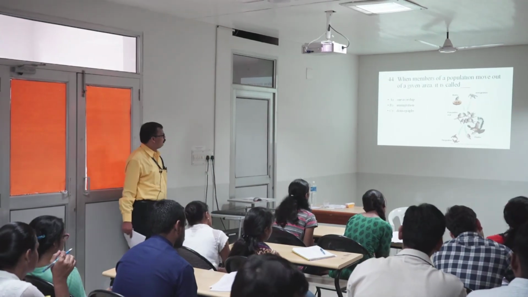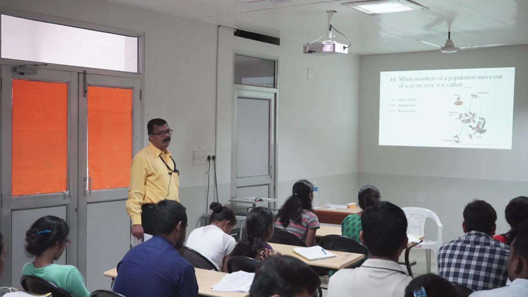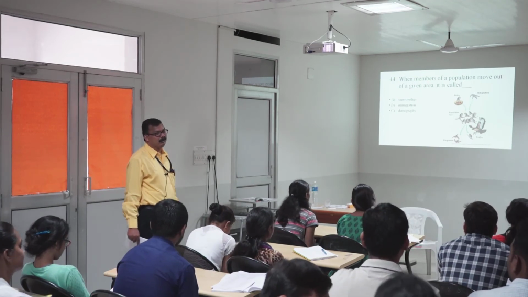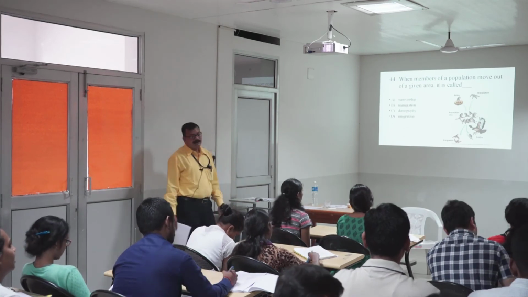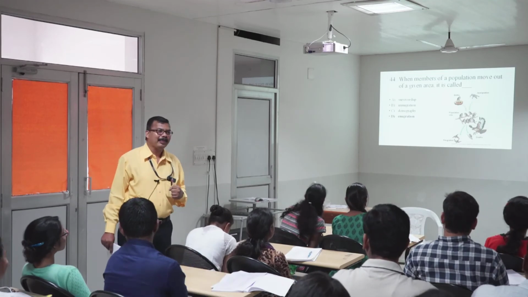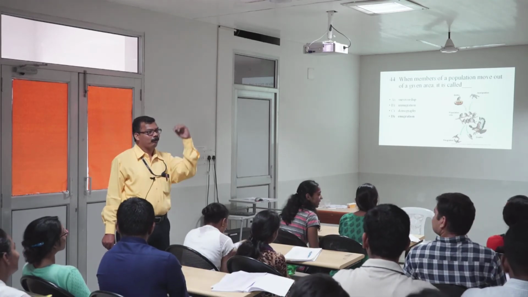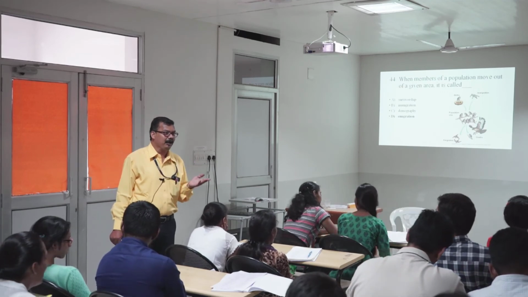When members of a population move out of a given area, it is called emigration. There is a little confusion between I and E. I is from outside to inside; from inside to out is emigration.